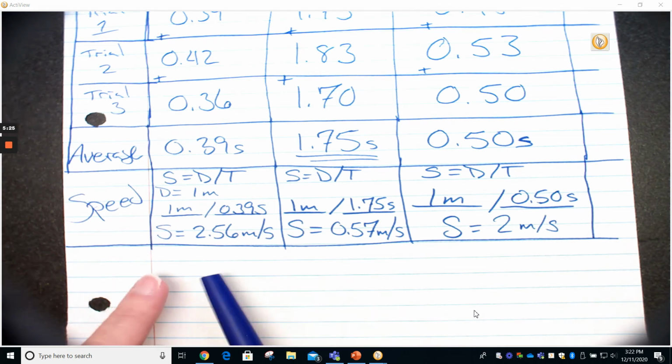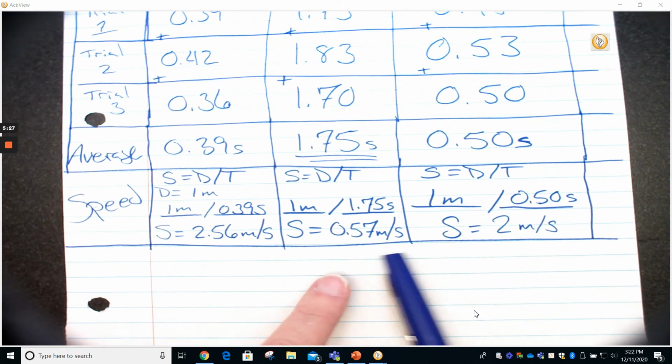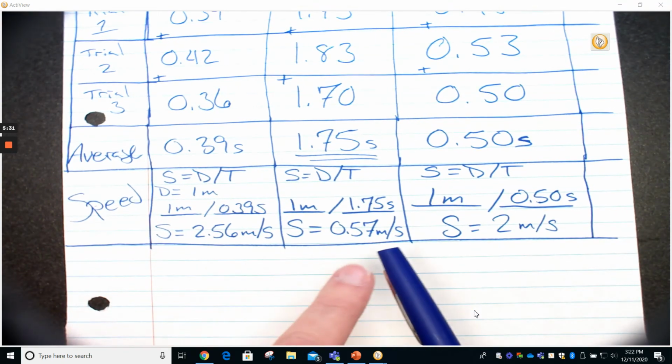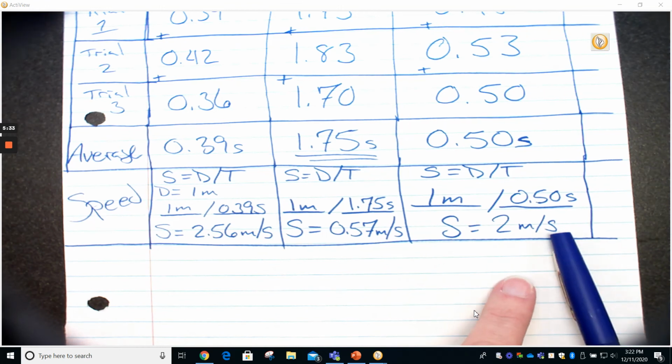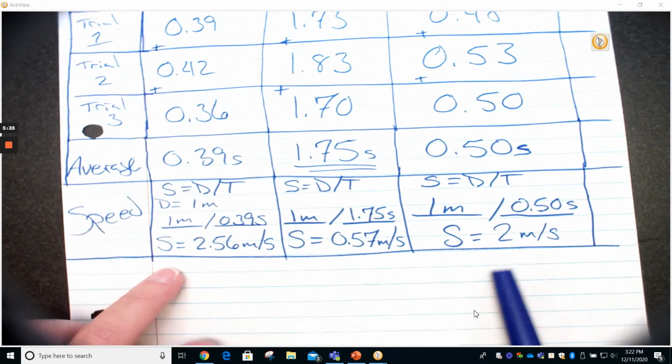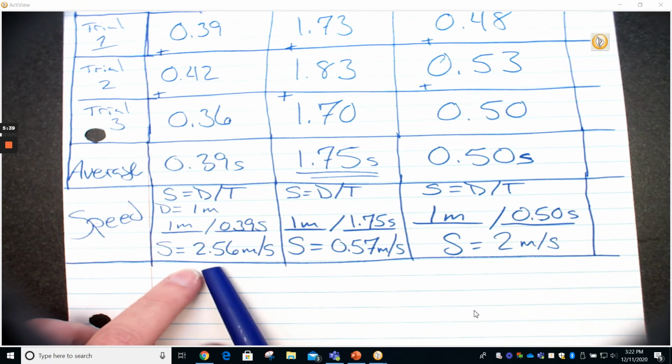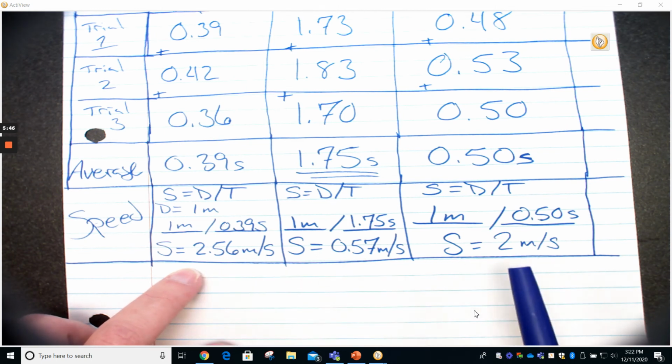So all you have to do to figure out which of these 3 papers is moving faster is find the biggest number. Okay? So which one is the biggest number? 2.56 is bigger than 0.57, right? And 2.56 is bigger than 2, right? Good.